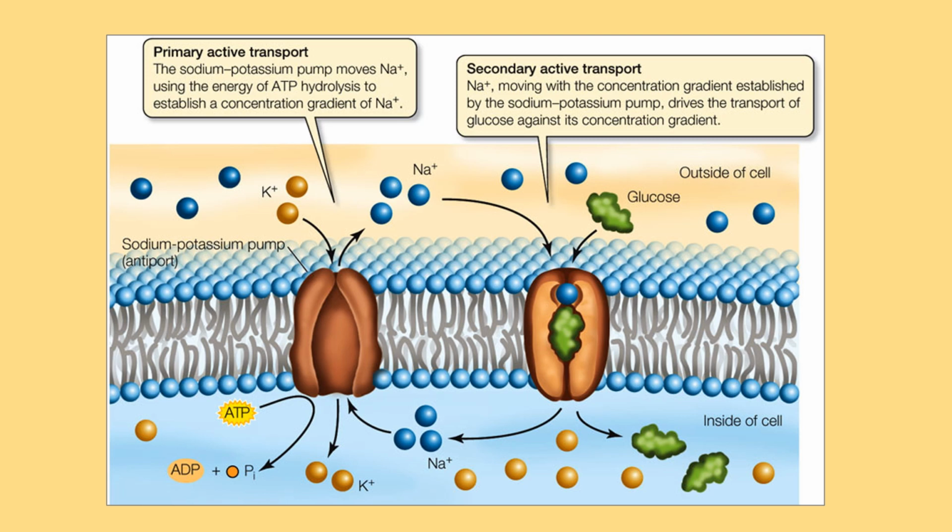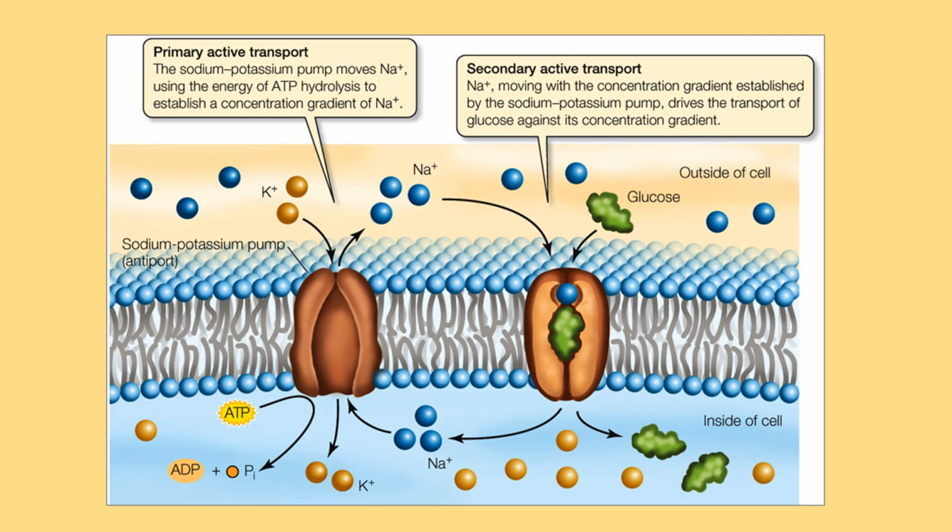So let's start with the transmembrane protein that's on the left. This is a sodium-potassium pump. It was obviously created by a different artist, but all of the important features are represented here. So we're talking about the transmembrane protein on the left. This transmembrane protein is a pump.